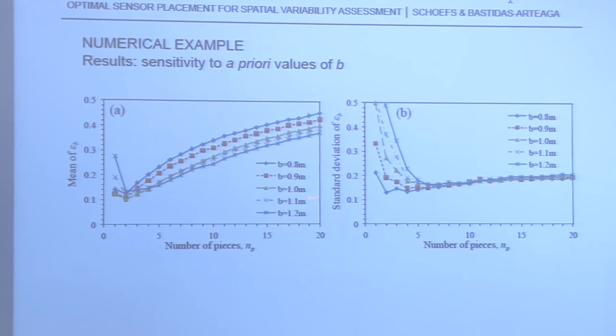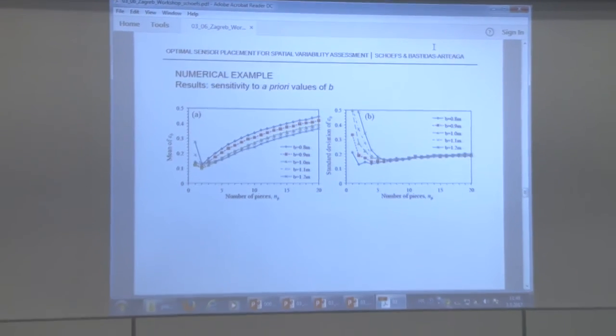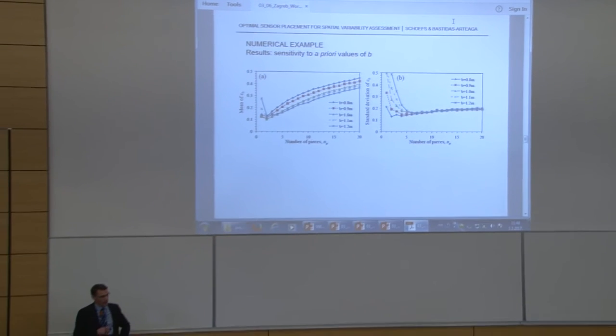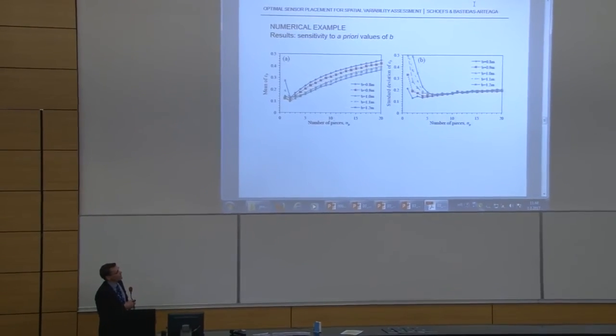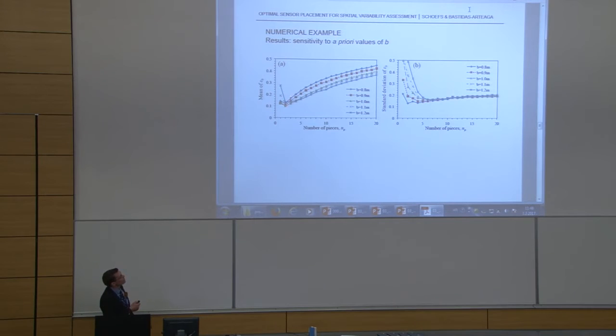For instance, here the real value was 1, and we will test several other values between 0.8 and 1.2. You can see that even if we start from this assumption for the placement of the sensors, we obtain the same optimization. That means that the two pieces discretization will be sufficient.